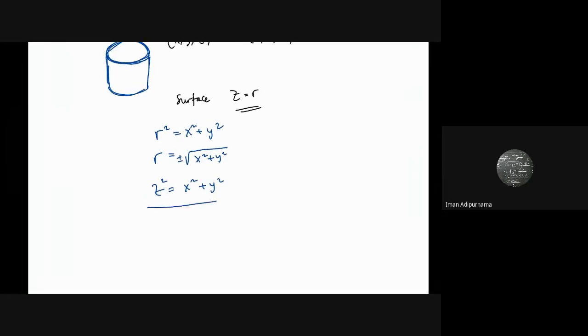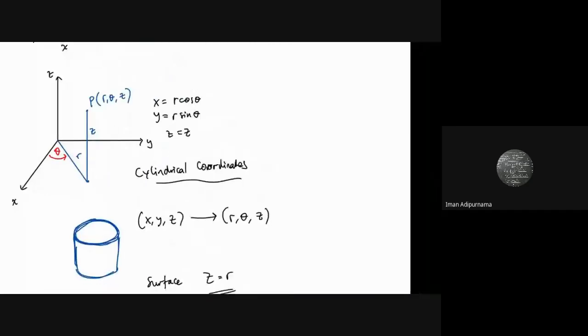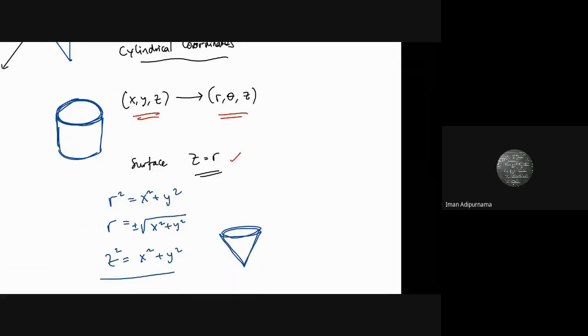And it will be a cone, right? If you remember the quadric surfaces. So I hope by using this conversion, you can at least convert x, y, z to r, theta, z, and you can also describe some surfaces, for example z equal r, or other examples as well.